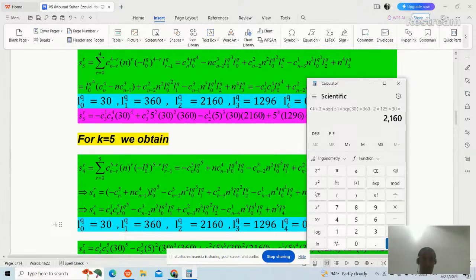This one is equal to, okay, I'll divide this by 625, equal 6,400.